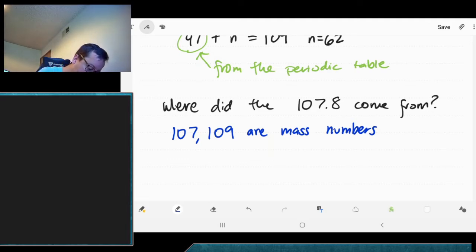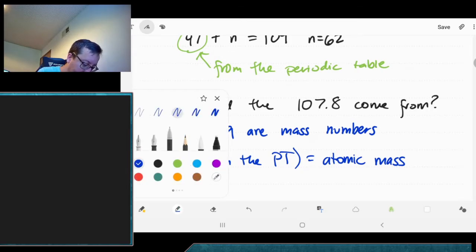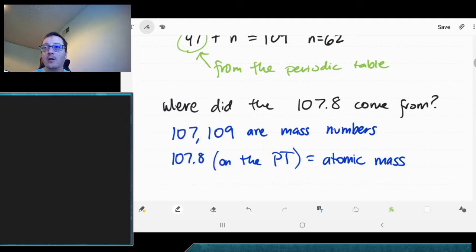We're going to see this 107.8, which is on the periodic table, is what's called the atomic mass. And you might say, well, what the heck's the difference? The atomic mass, we're going to see that it doesn't make sense to talk about individual atoms when we're actually going to be using them. It makes a lot more sense because we're going to see later on, a teaspoon of water has quintillions of water molecules in it.